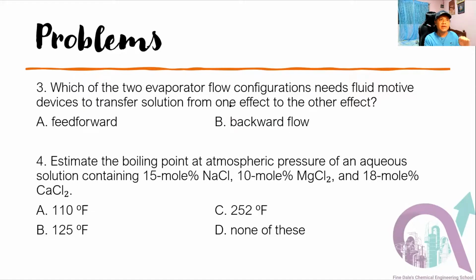The configuration that needs a pump is where you have a difference in pressures, and you can't supply from a lower effect to a higher one because of the pressure. So it has to be backward flow.